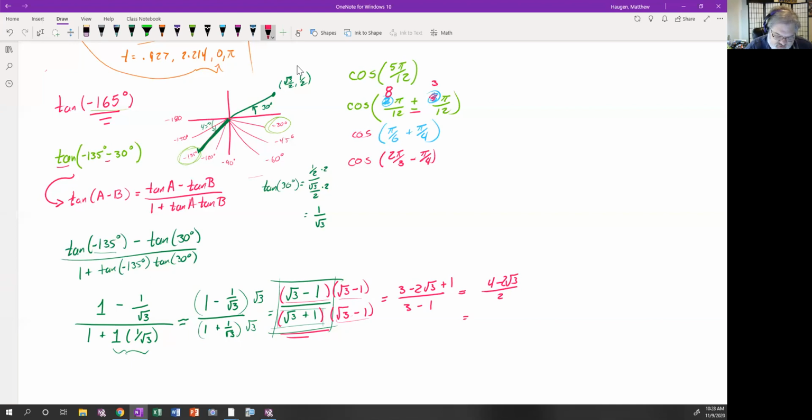The fact that this simplifies down to a nice 2 minus the square root of 3, that is quite a nicer answer. But usually they don't simplify quite that nicely. It's just because this happens to have its conjugate in the numerator.